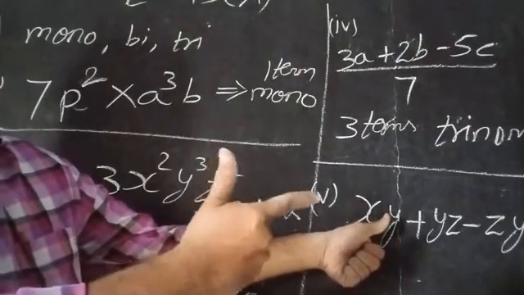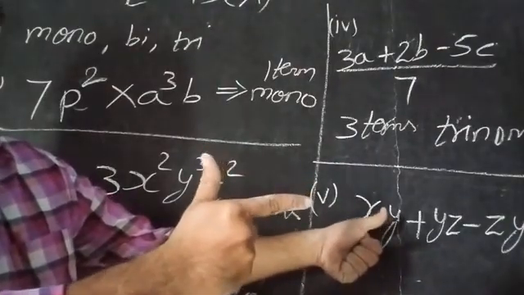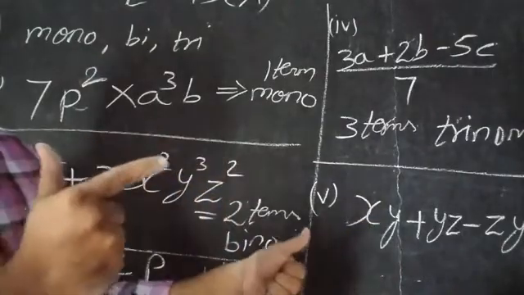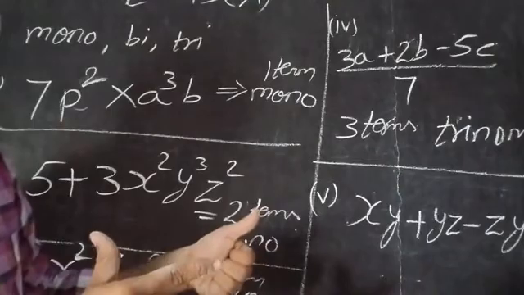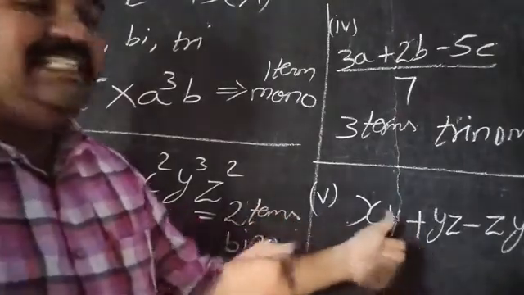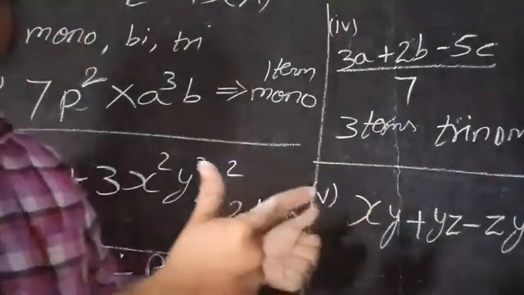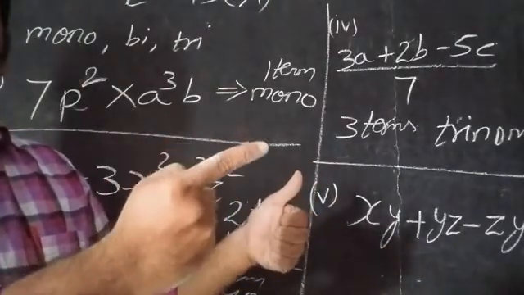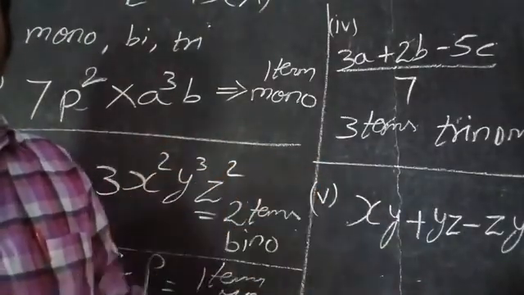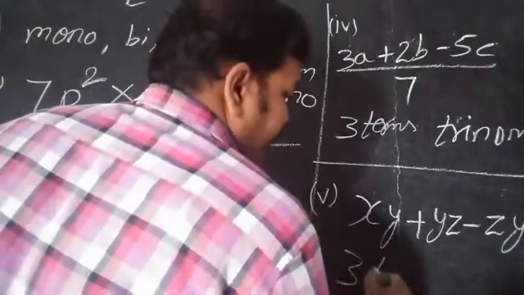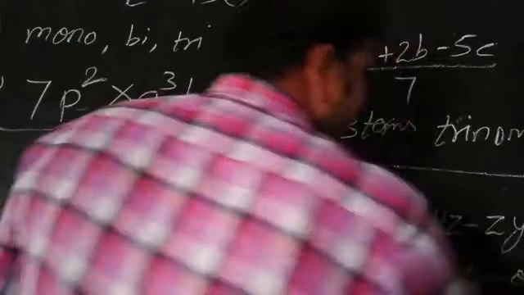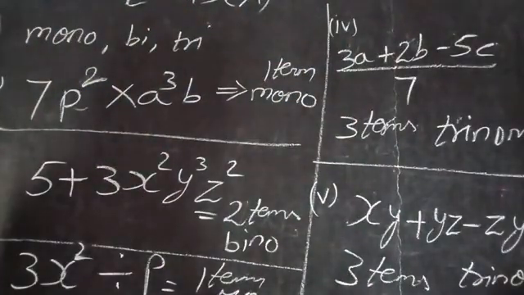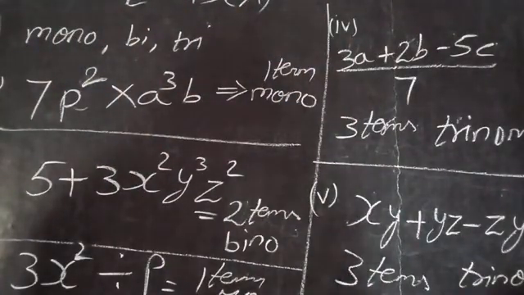Minus sign, open. Only open for plus or minus. Don't open for multiplication or division. 1 plus is there, open. 1 minus is there, open. Total 3 terms, it is trinomial. This is about monomial, binomial, trinomial.